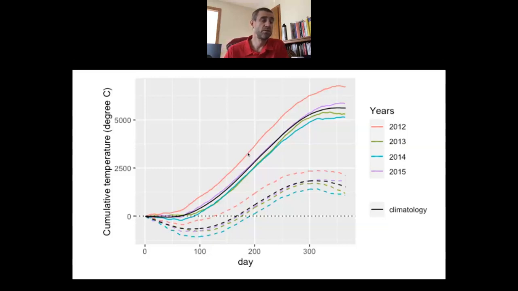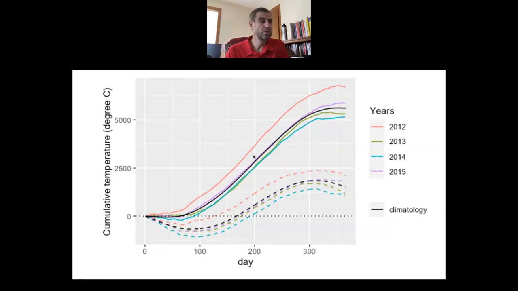So 2012 was a very hot year here in the Midwest and in general in the crop growing region, mostly thinking corn and soybeans. It very clearly shows that it was a very hot year.